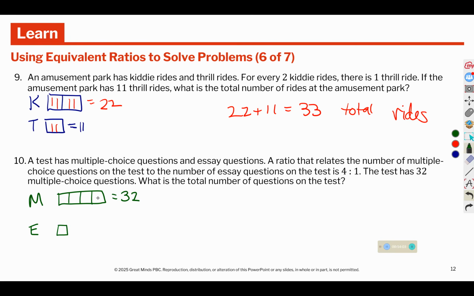We need to split that up in 4 parts. 32 divided by 4 is 8. What is the total number of questions on the test? 32 multiple choice and 8 essay questions is 40 total questions.